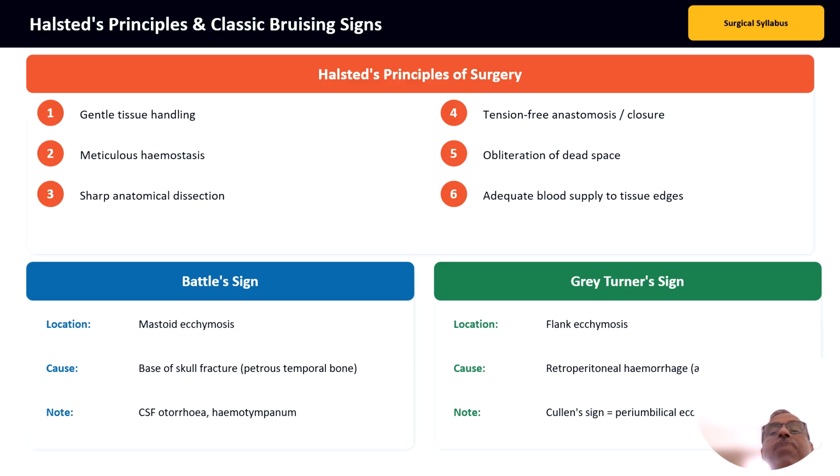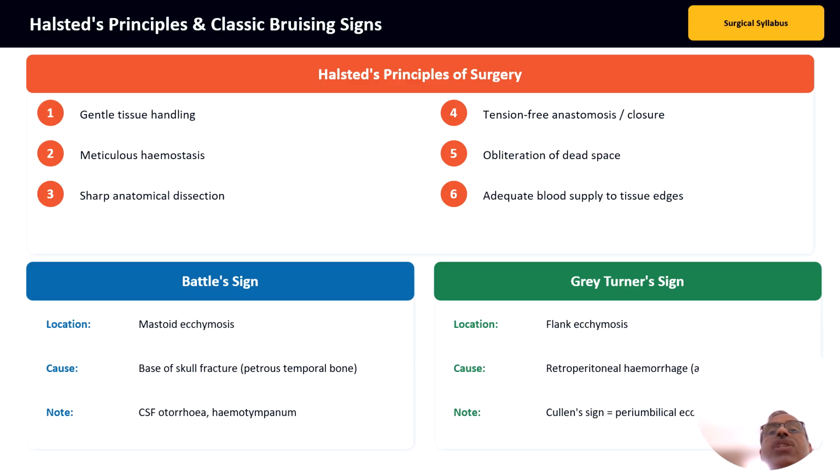That is one of the important core principles of a safe surgery. Third, sharp anatomical dissection rather than a blunt, rough dissection. Sharp anatomical dissection following the anatomical planes would always lead to fewer post-op complications as compared to going out of the anatomical planes and doing blunt dissection.